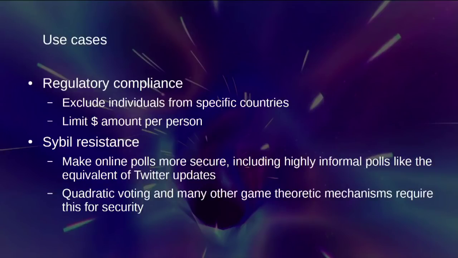You might also want to limit the dollar amount per person. For example, one way in which you might avoid hitting some regulatory thresholds is by creating an application where you might only allow each person to process, let's say, $999 worth of some currency that you're creating.